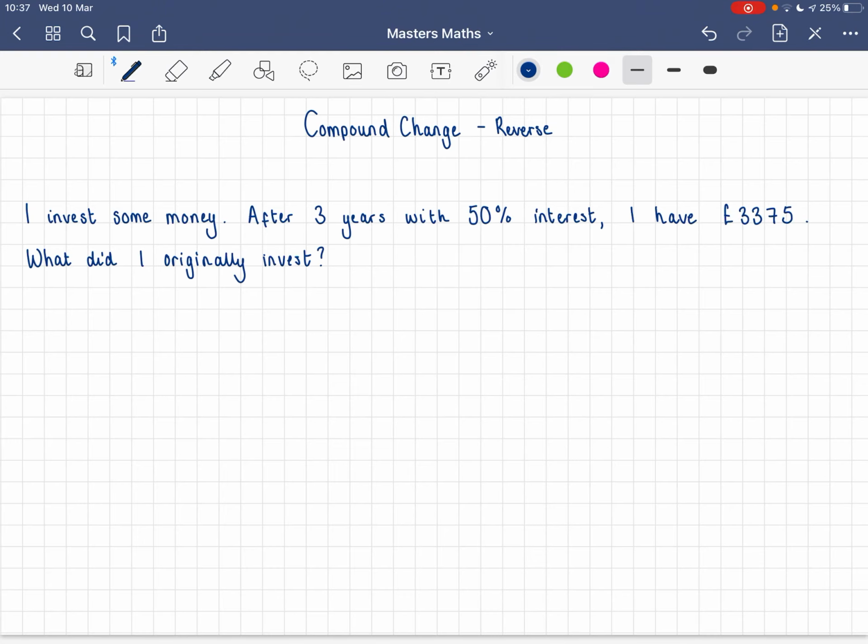Based on the compound change equation, I have some number which I'm going to call x. I multiplied it by my percentage multiplier.